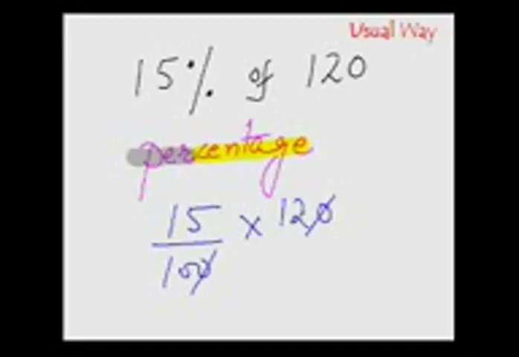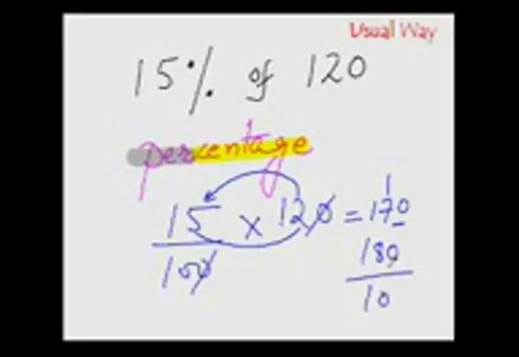So either you can do it directly, because 15 times 12 is 180, or you can use the faster technique here, like 15 plus 2 is 17, and for the last digit 15 times 2 is 10, so it would be 180 over 10. Now strike out this 0 and this 0, so you are left with 18, and that is what the answer is.